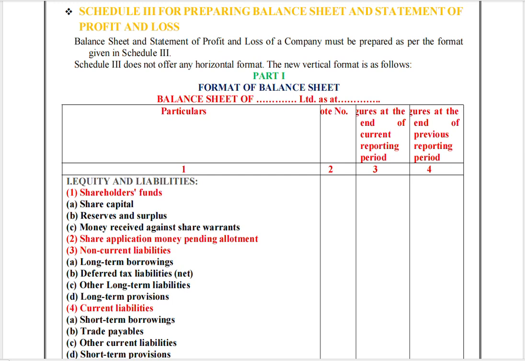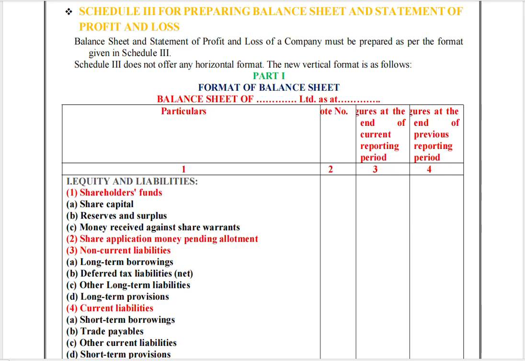So the format of the balance sheet as per the Companies Act Schedule 3 is here in front of you. So you can have a look. The first column is particulars, the next column is the note number, the third column is current year, and the fourth column is for previous year figures.